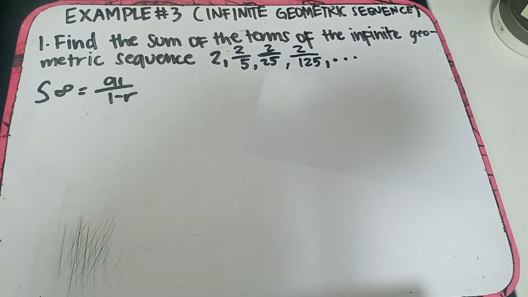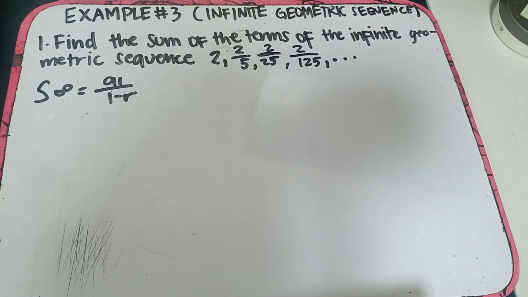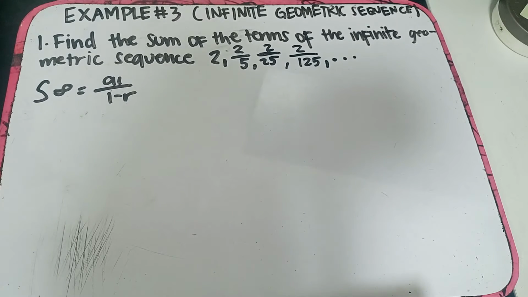And now, we're going to solve example number 3. But this time, we're going to find the sum of an infinite geometric sequence. Find the sum of the terms of the infinite geometric sequence 2, 2 fifths, 2 over 25, 2 over 125, and so on. The formula that we are going to use in this kind of geometric series is S sub infinity equals a sub 1 over 1 minus r.